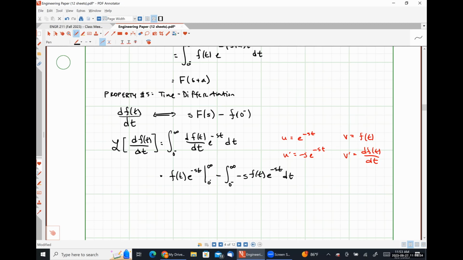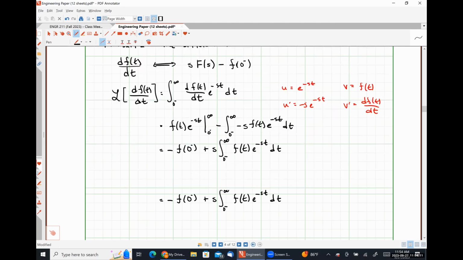So at t equal to infinity, this bit right here goes to 0. So we're going to have 0 minus f of 0 minus. So negative f of 0 minus, which is our initial condition, plus s times the integral from 0 minus to infinity of f of t e to the negative st dt.